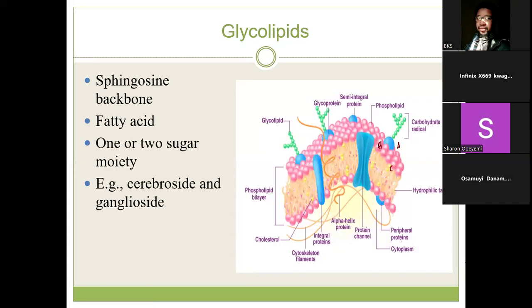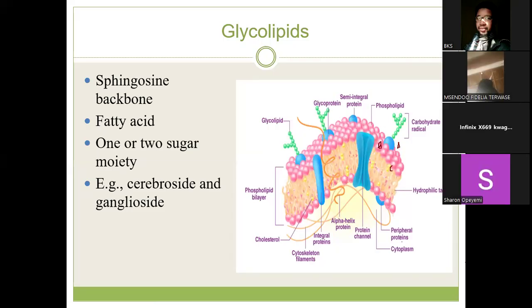Good. So the last one, we have glycolipids. Glycolipids are just like phospholipids, but the difference is that in phospholipids the backbone is glycerol, whereas in glycolipids the backbone is mostly sphingosine with just a fatty acid attached to it. Where choline, ethanolamine, and serine are added, you have a sugar added instead of these compounds.